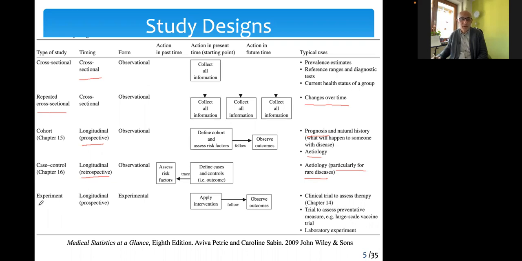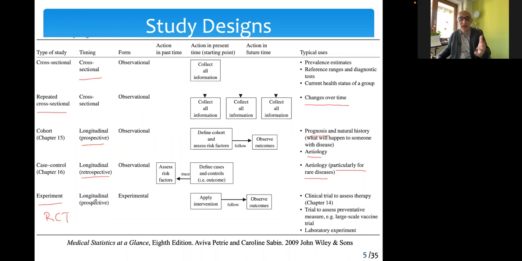Of course, one of the very important study designs is the experimental study design or interventional studies, or classically the RCTs, randomized controlled trials. Among those we mentioned so far, this is the only experimental design. It is, of course, also prospective.